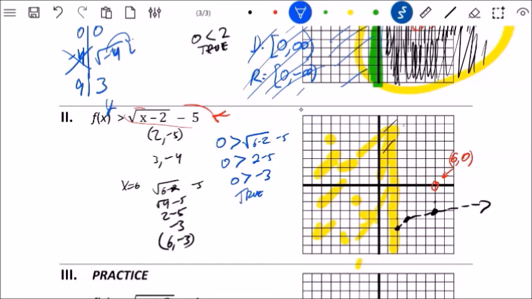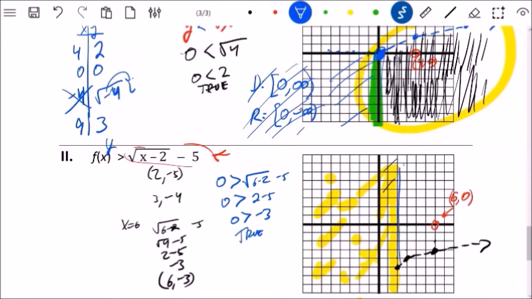If that's true, then we're going to shade this part, not going past the domain into the negatives. Okay, there. So that's the correct answer, that shaded area. Now that's what you have to show.